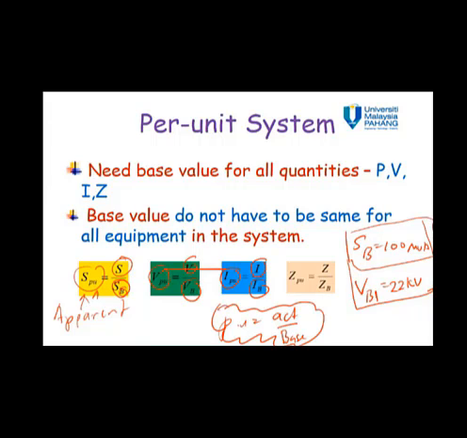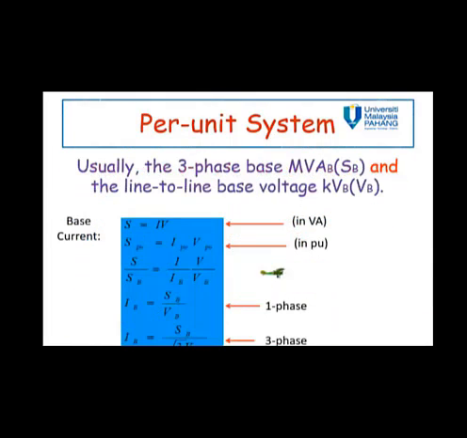Actual value over base value. So what we have to know is the base value for this case: for current, for voltage, for power, and for impedance. So now this is three phase MVA base.